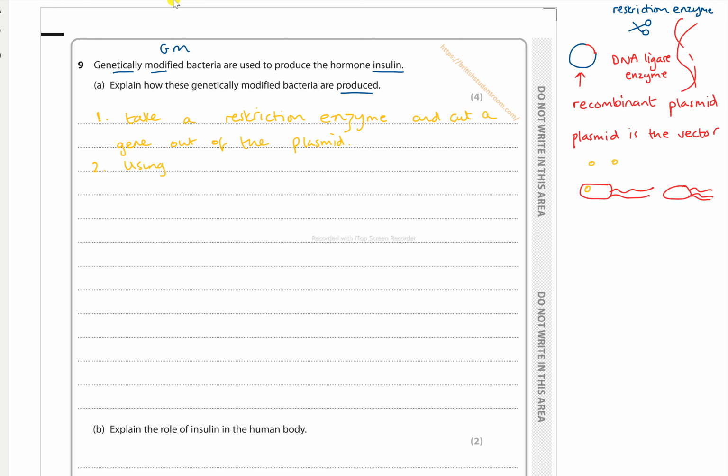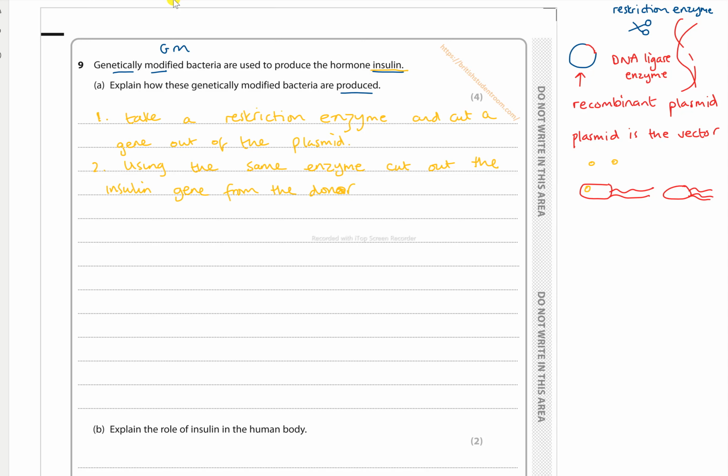Using the same enzyme, cut out the insulin gene from the donor.